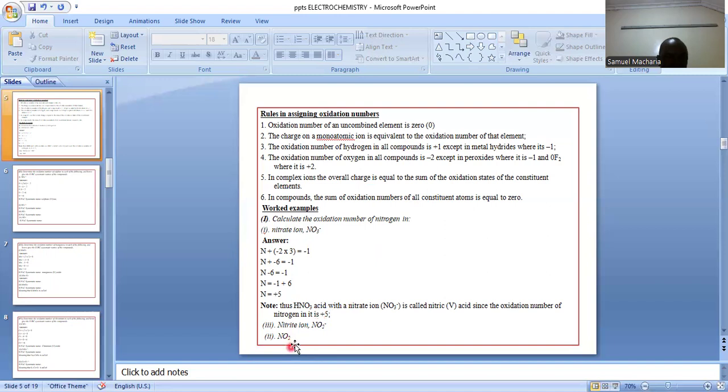But I want us now to look at the next one, which is NO2 with no charge. I want us to do the calculation. Let me get a pen here. And then NO2, let us start.